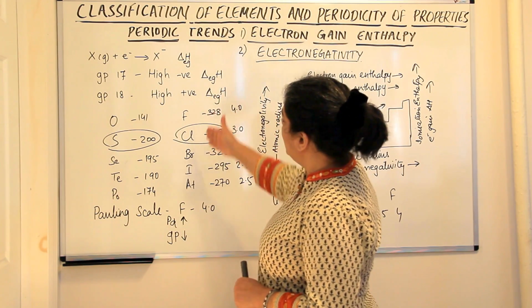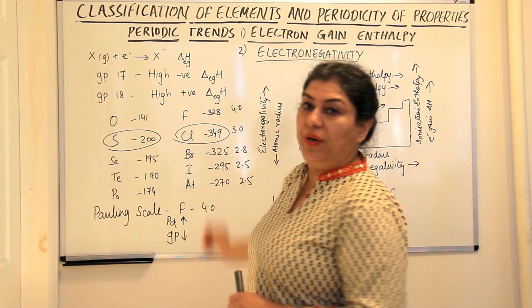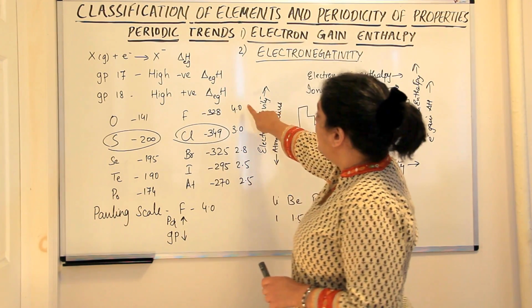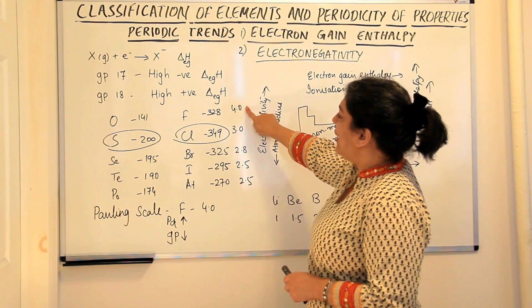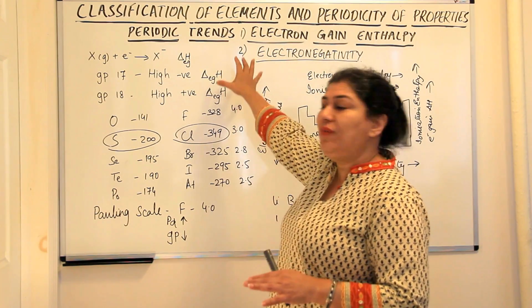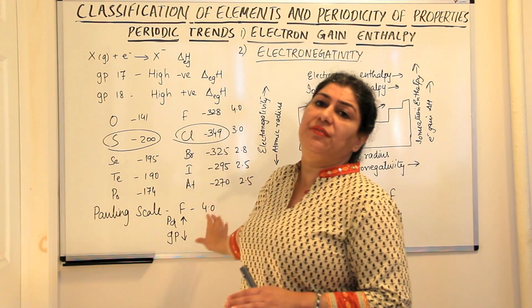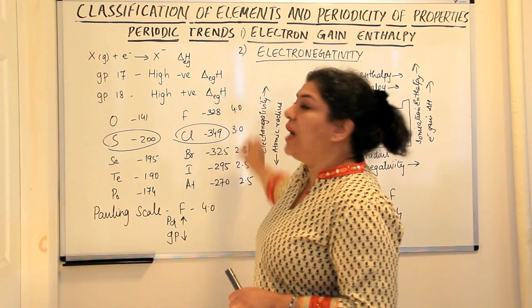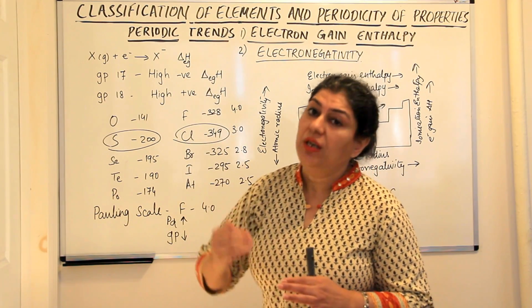if we see the halogens, fluorine, chlorine, bromine, iodine and astatine, the electronegativity values are 4, 3, 2.8, 2.5, 2.5. So we find that the electronegativity values go down as we go down a group.